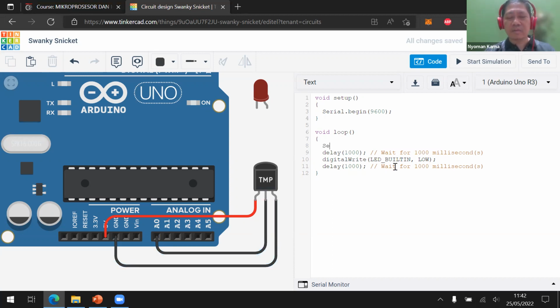So I'm going to print out whatever the value read by the TMP36. So Serial.println, and then analogRead, because this one is analog, and I'm going to read the value of TMP, and then A0. And delay 1000, which means 1 second.